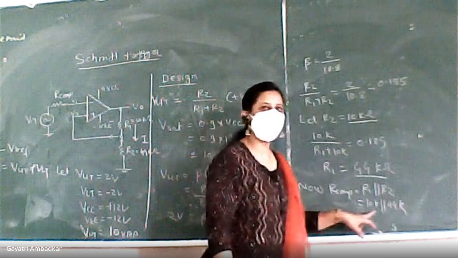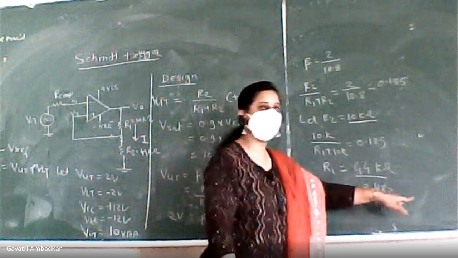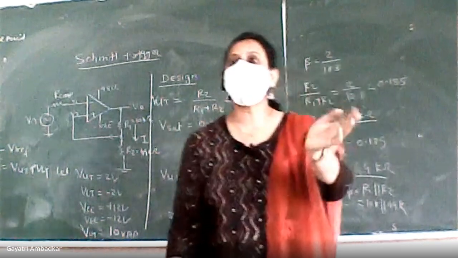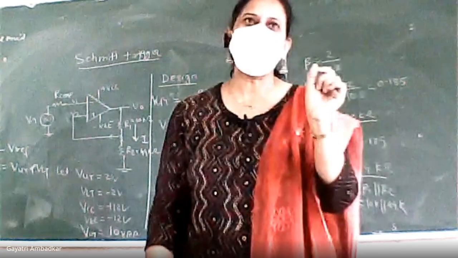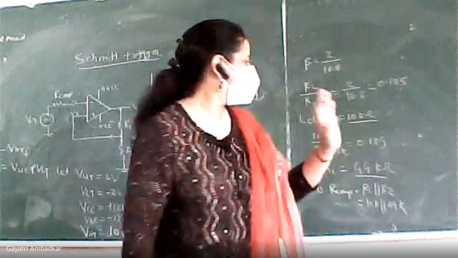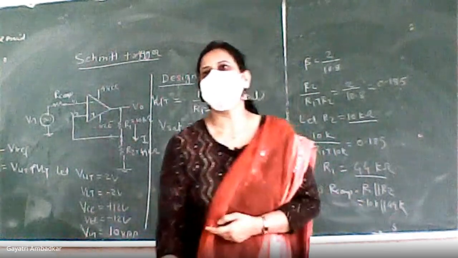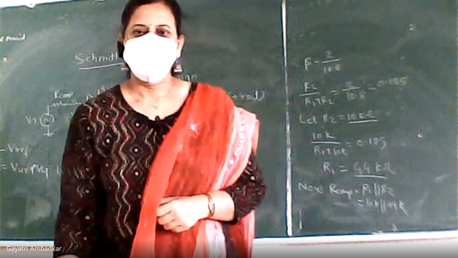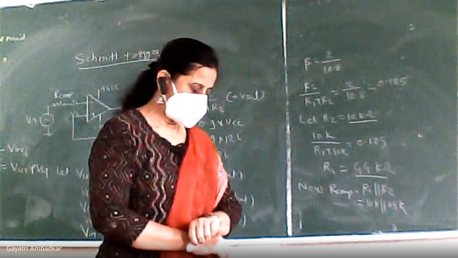Remember, whenever you are solving any parallel combination, whichever is the smallest resistance, you will get a result lesser than that smallest value. So definitely you will get a result lesser than 10k. So find R1 R2 upon R1 plus R2.